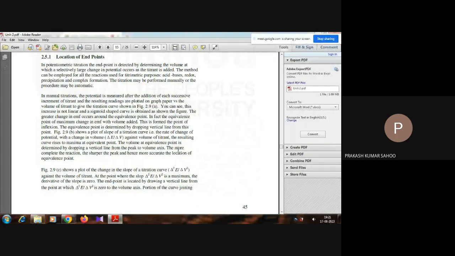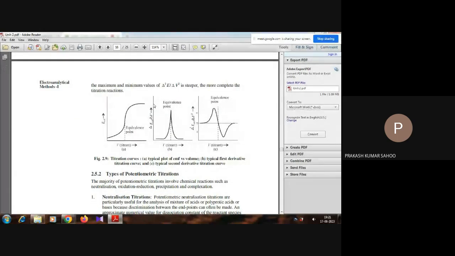So we will have this type of plots, that this is the volume of titrant added against the change in volt, that is the potential. If the plot is like this, this is the equivalence point, where there will be saturation, there will be no potential change.